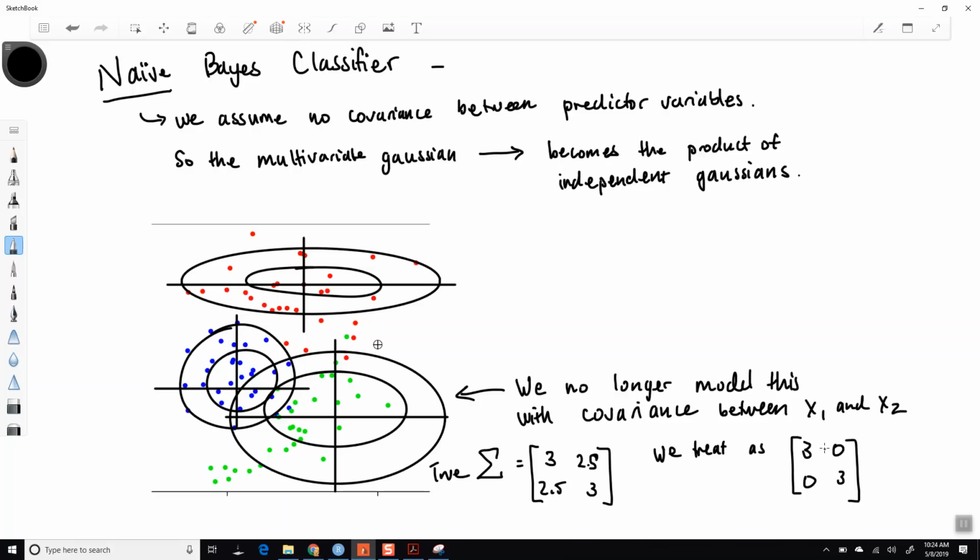However, let's say you had some kind of data in 20 dimensions. In 20 dimensions, you would have the 20 variances of each of those variables to estimate, but then you would also have, what's 20 choose 2, like 190 covariances to estimate.